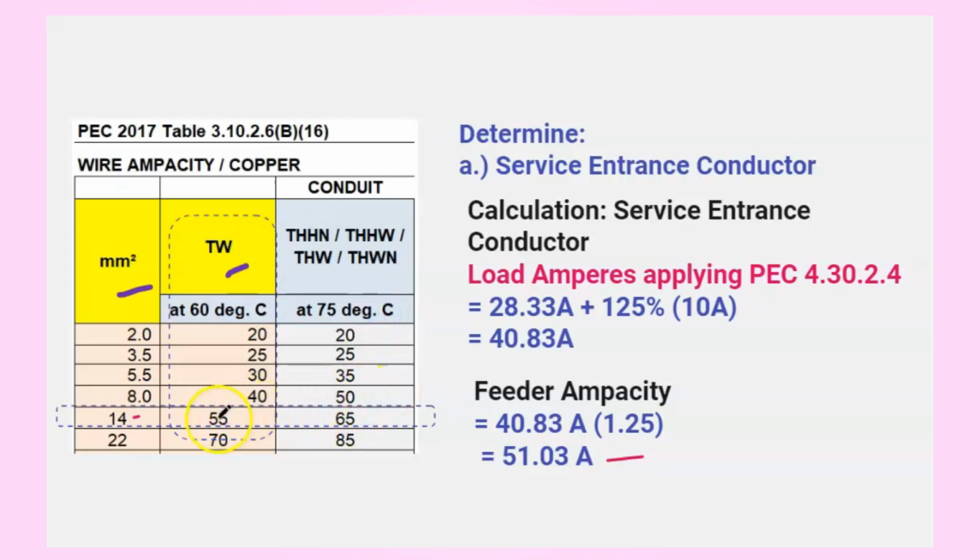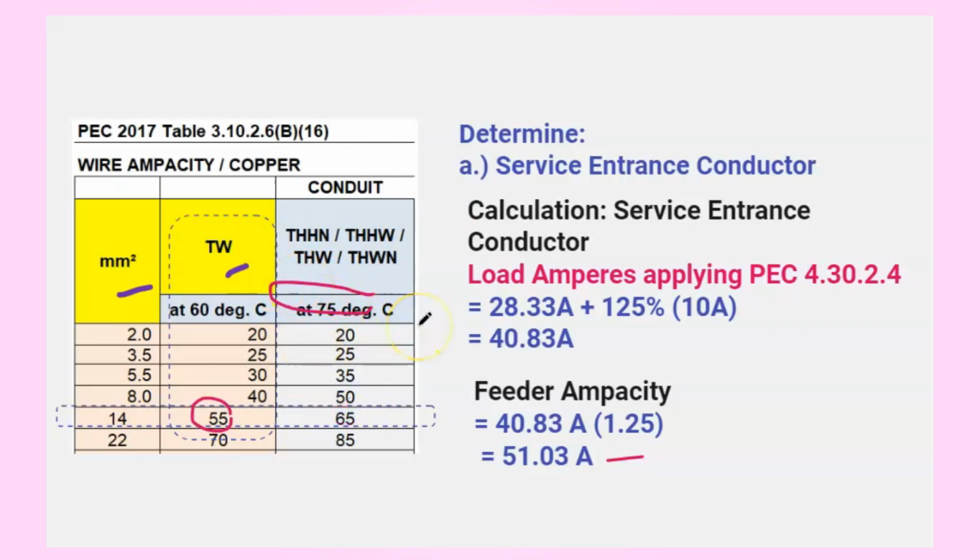If we use 8.0 only, we have almost 50. So this one is 51.03. Much better to use this 14 square mm TW. At 60 degrees Celsius, it has 55 amperes. At 75 degrees Celsius, it has 65 amperes.